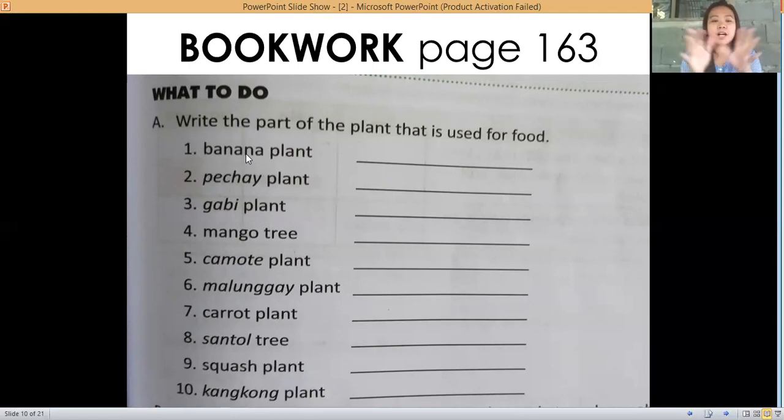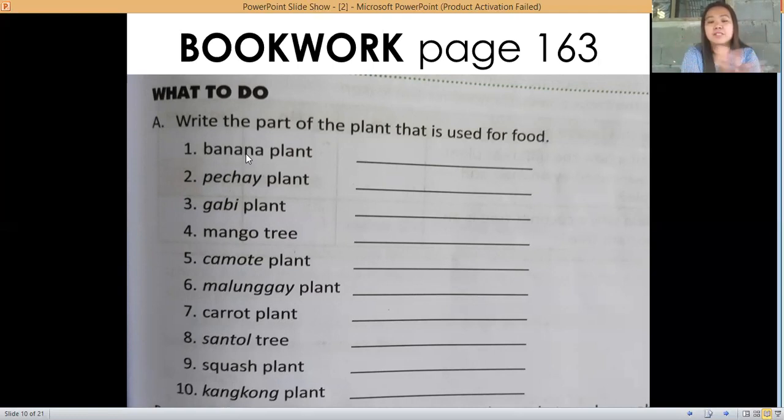I'm going to help you first with numbers 1 to 3. Then 4 to 10, you're going to answer on your own. Number 2, petchay. For the petchay plant, we use the leaves. We eat the leaves of the petchay.